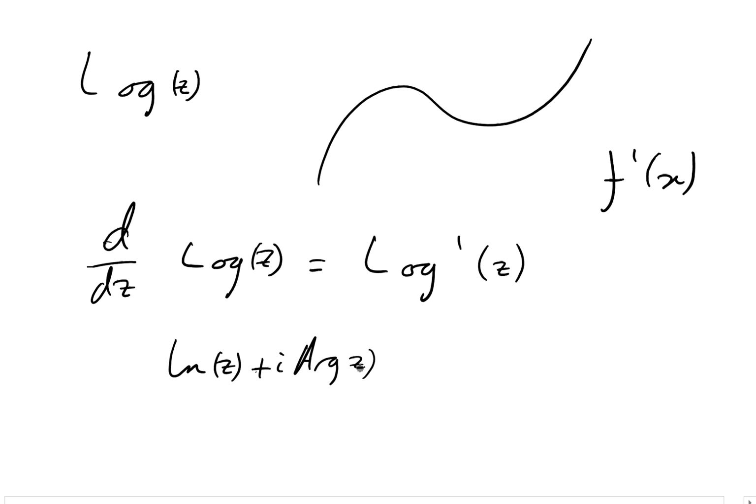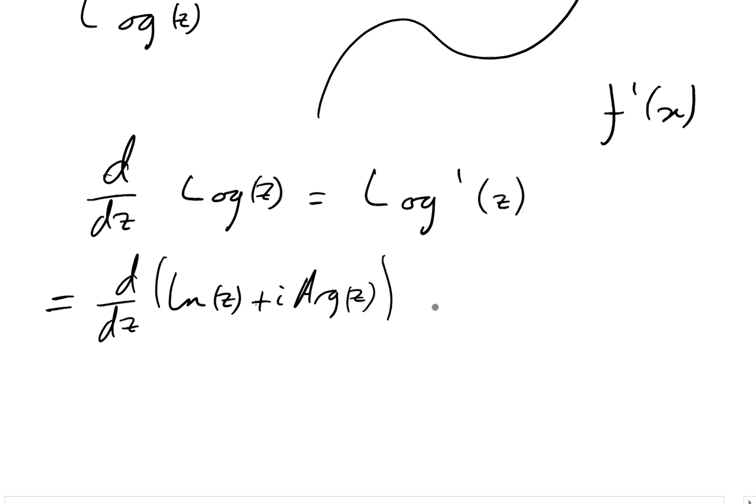So what's the derivative of this? Are you happy that the derivative of the natural logarithm of z is just 1 over z? That's just from calculus, and it can be shown.